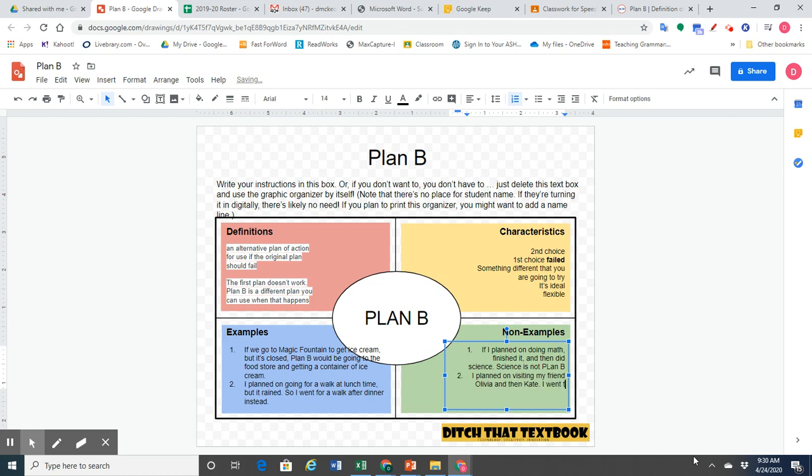And then I went to Olivia's. Going to Kate's is not Plan B. Because I planned it all along. That is what I wanted to do. So going to Kate's is not Plan B. It's what I planned on doing all along. So that is not Plan B. Plan B is when I had a plan, the plan didn't work, and now I'm trying something different.